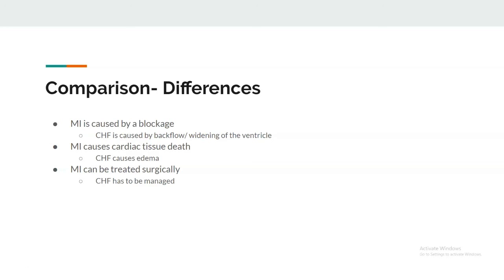So in MI, something is actually blocking blood flow, whereas in congestive heart failure, the heart muscle itself is just not able to pump. MI causes cardiac tissue death, whereas congestive heart failure causes edema. It doesn't typically cause tissue death, just swelling of the tissue, which can lead to death of the tissue, but it's not as direct as myocardial infarction.